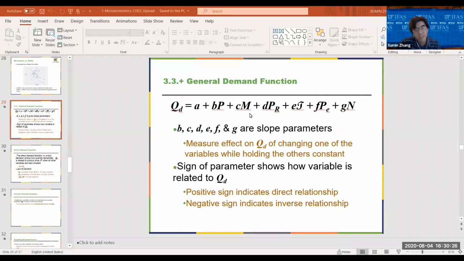If I include only P, this is a two-dimensional diagram. But if I put in M, this becomes three-dimensional. The diagram we can draw is only up to two explanatory variables, or three dimensions. It cannot go further. Could you tell me what the fourth dimension is in our real life?